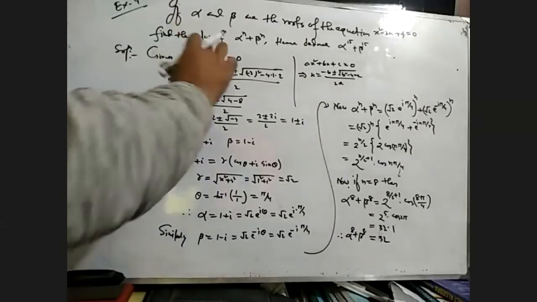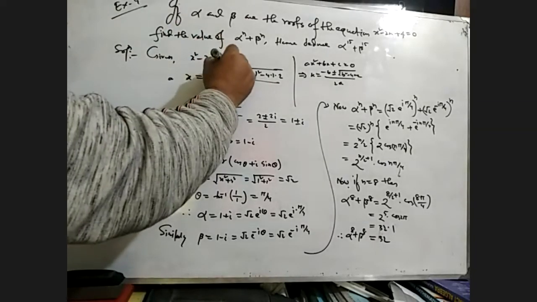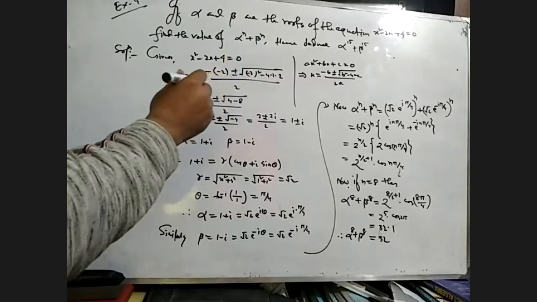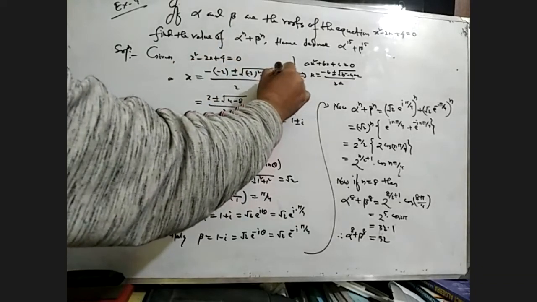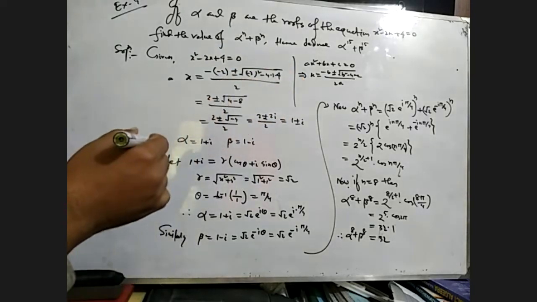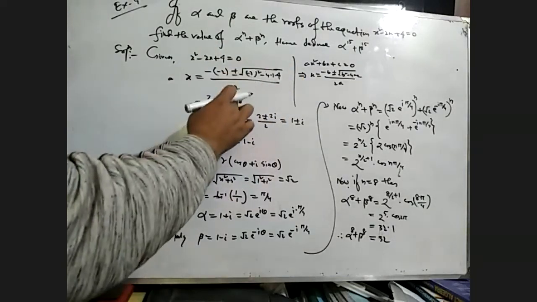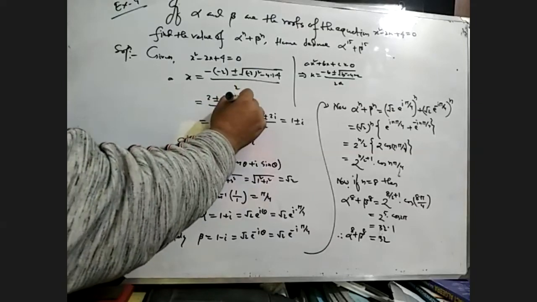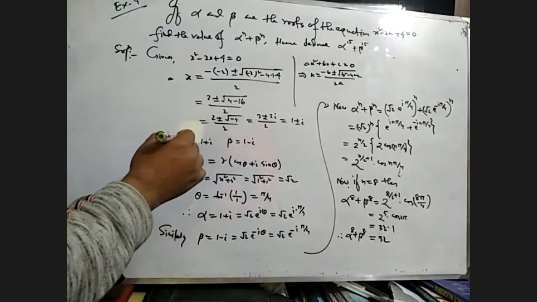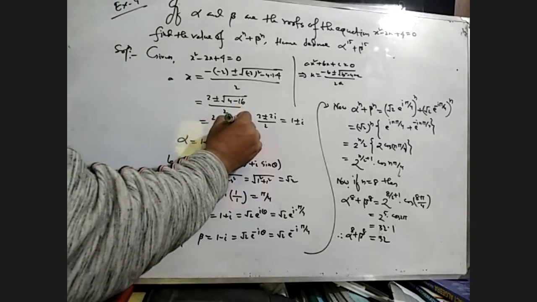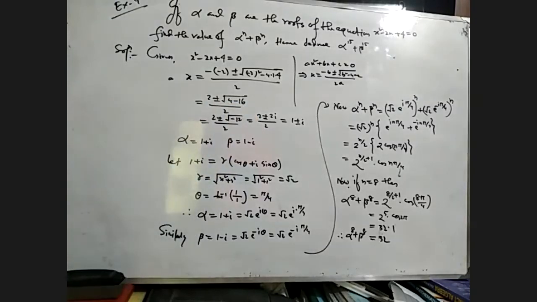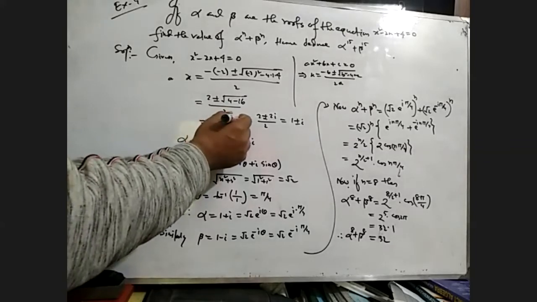Okay. This will be 4 only. Now what will be the value? This will be 16. And this will be minus 12. So minus 12 can be written as 12i square.